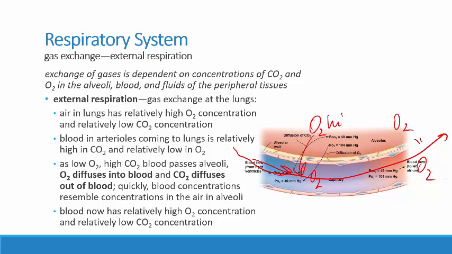At the same time that oxygen is diffusing in, CO2 is diffusing from high to low. As we are bringing oxygen in, at the same time, CO2 is moving out of the blood, so that by the time the blood makes it past the alveolus, the CO2 concentrations are also equal.